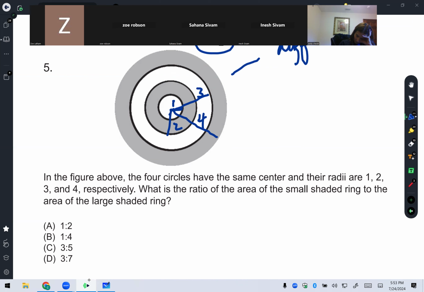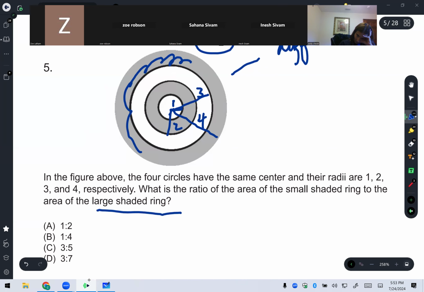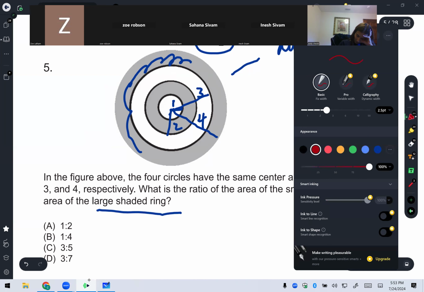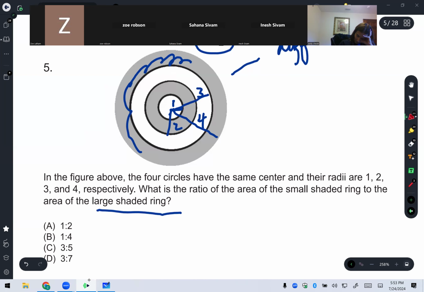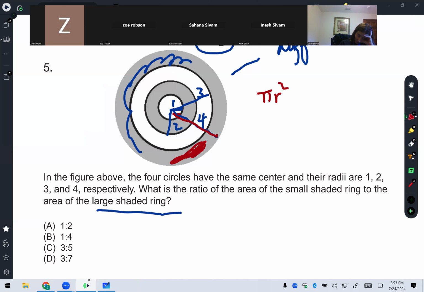So we need to get the large shaded ring, which is this donut here. If I change colors, okay, to get this, I'm going to take pi r squared, or pi times 4 squared, which is 16 pi.